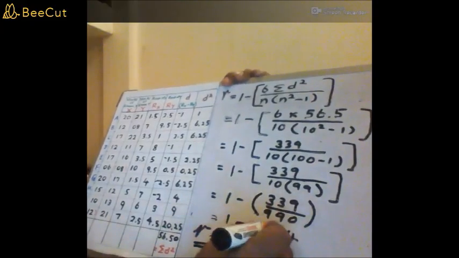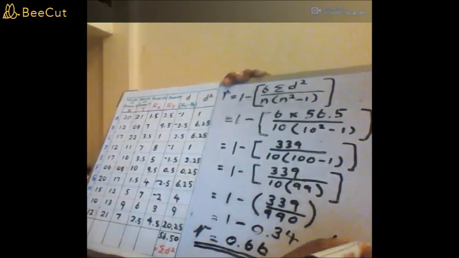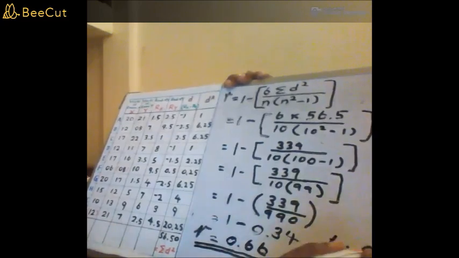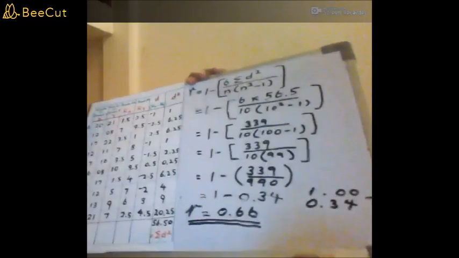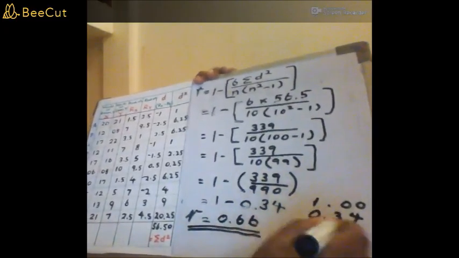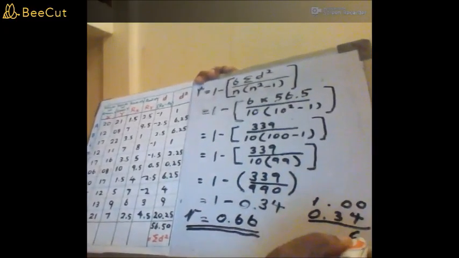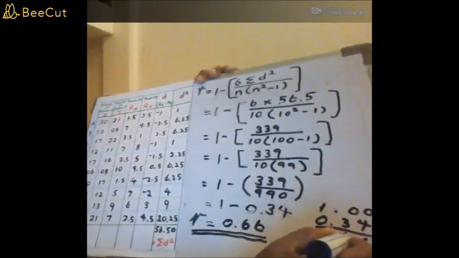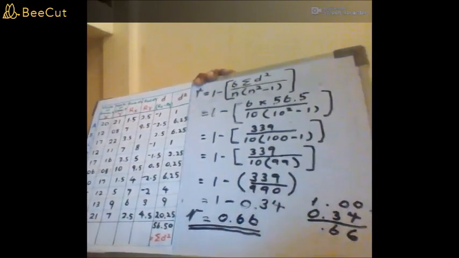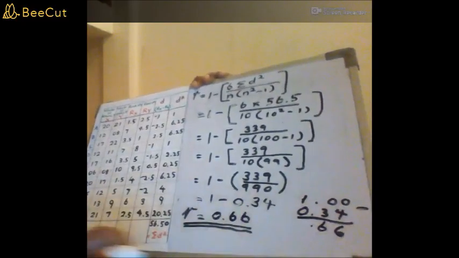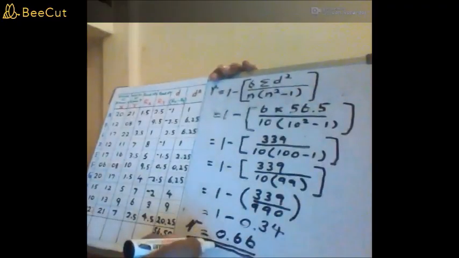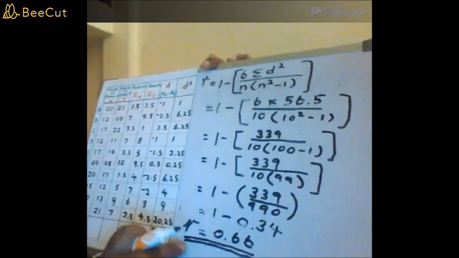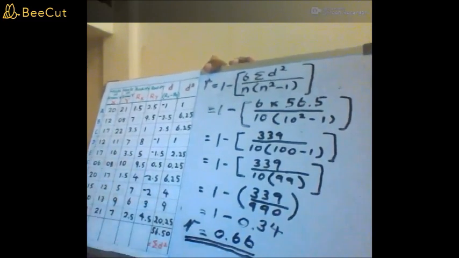Okay, you know how to get this, no? 1 minus 0.34. Here it's 6. Then 9 minus 3, 6. 0.66, right? So our rho value is 0.66. Now we have calculated the second one.